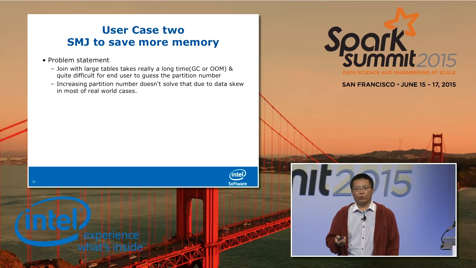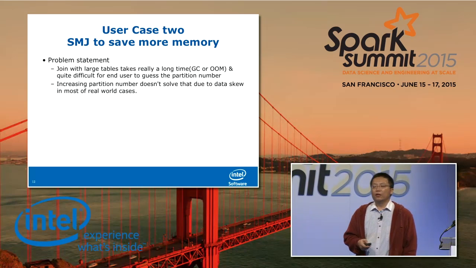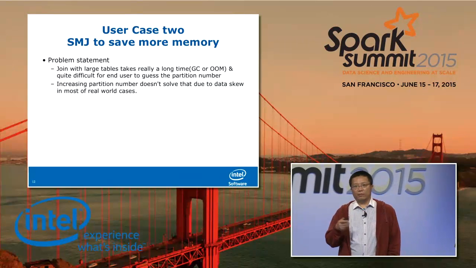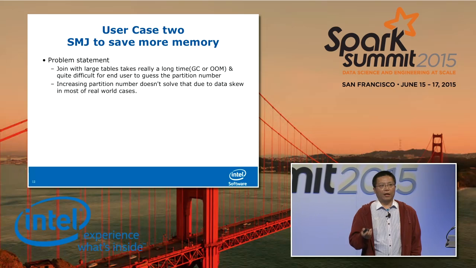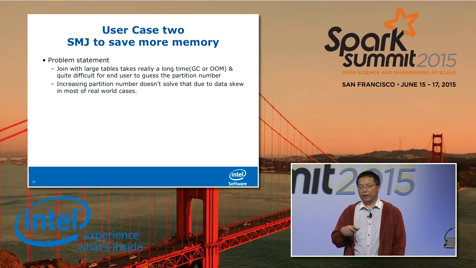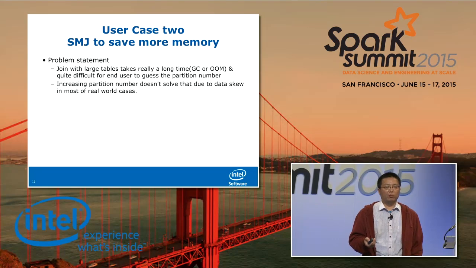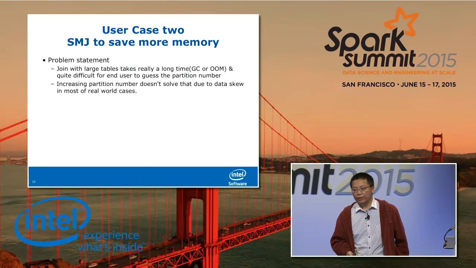Our experience tells us usually you need to try several times to get a good result. And if you have a very high data skew, increasing the partition number cannot solve the problem, because one reducer may have a lot of data to process.